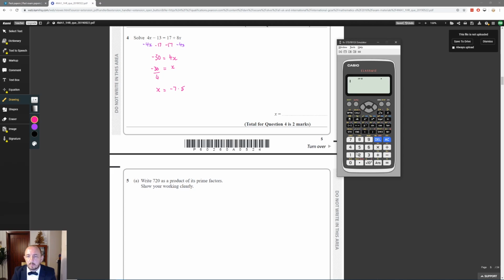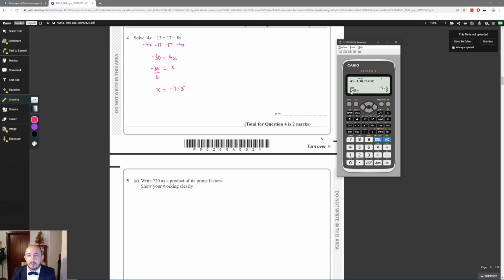So we can actually type in algebra on our ClassWiz calculator using the alpha equals, so not this equals down here, the red equals button, 17 plus 8x. And then we use the shift solve button, and this x equals 21 is not the answer, this is the last answer I got from using this, so we can just put any number into there and start the process.